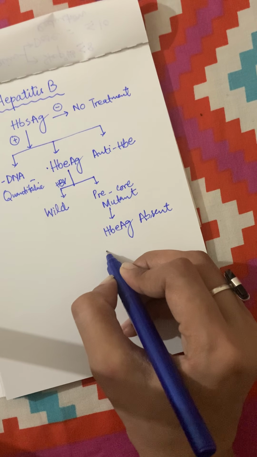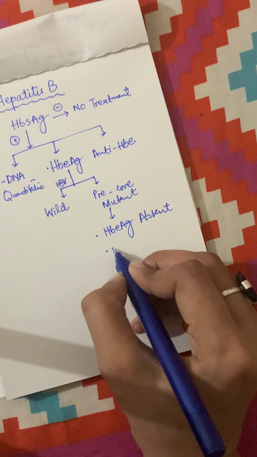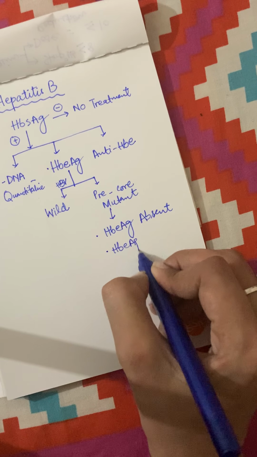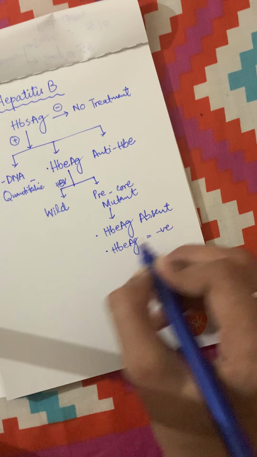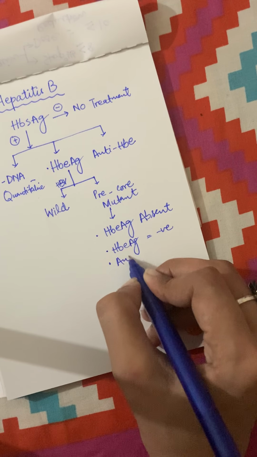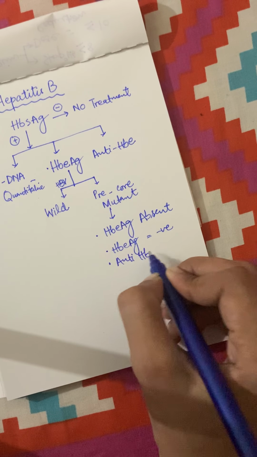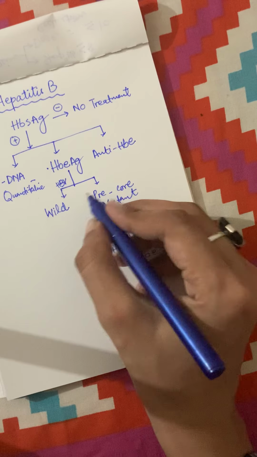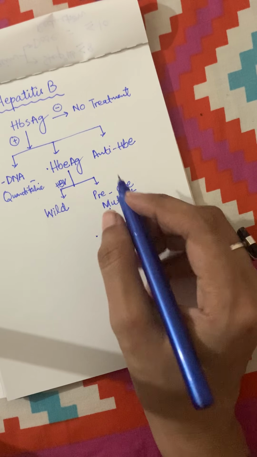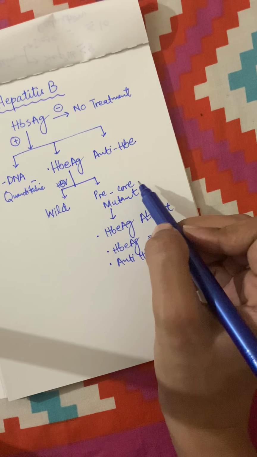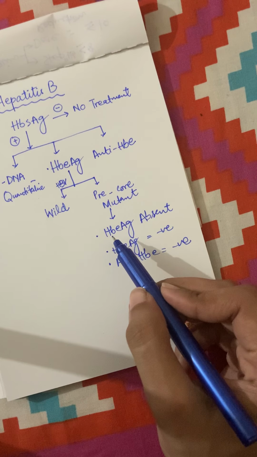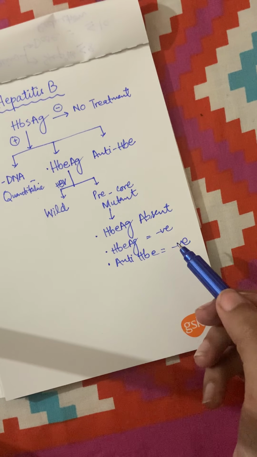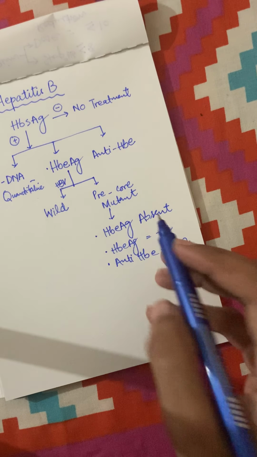So HBE antigen is negative and anti-HBE is also negative. This is the special case of pre-core mutant, in which E antigen is absent, due to which antibodies are also absent.